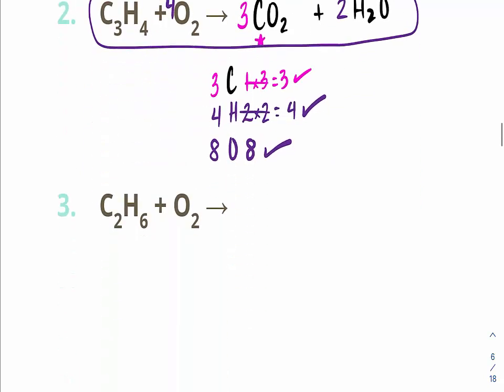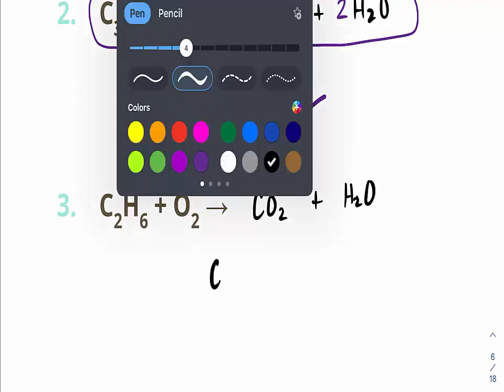All right, let's try one more. We've got C2H6 plus oxygen. That's fuel plus oxygen, that's combustion. So the products are predictable, always the same, CO2 and H2O. All right, let's look at our carbon first.